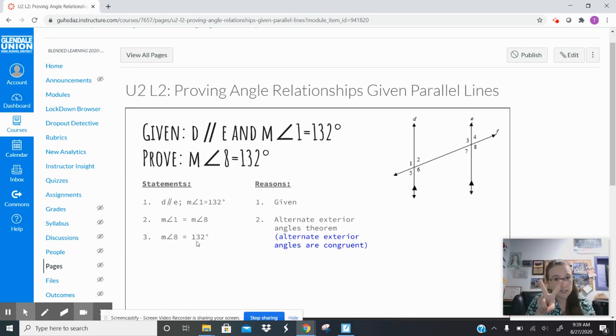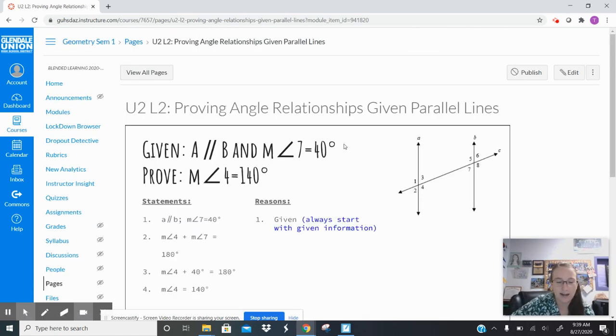We can say two different things here actually: either the transitive property or substitution, because I could take this 132 and substitute it into angle 1, and then I'd have my last statement. Here we said transitive property. Since angle 1 equals 132 and angle 1 equals angle 8, angle 8 also has to equal 132.